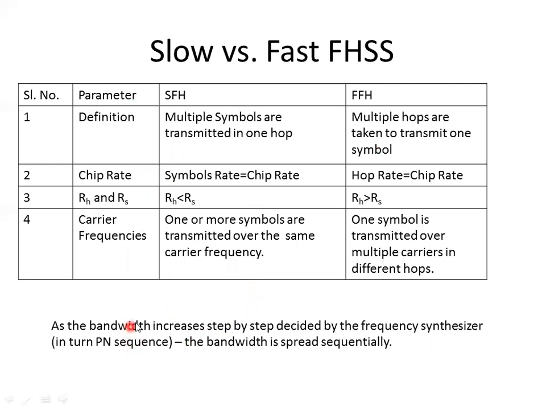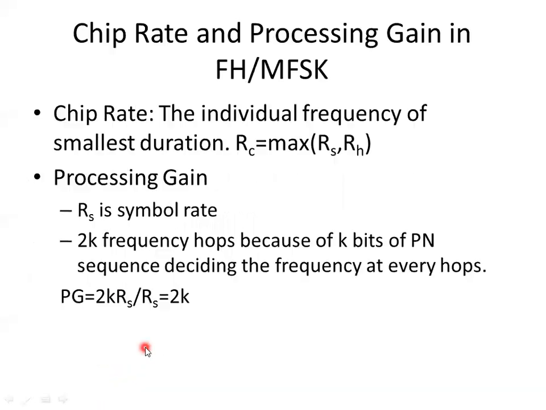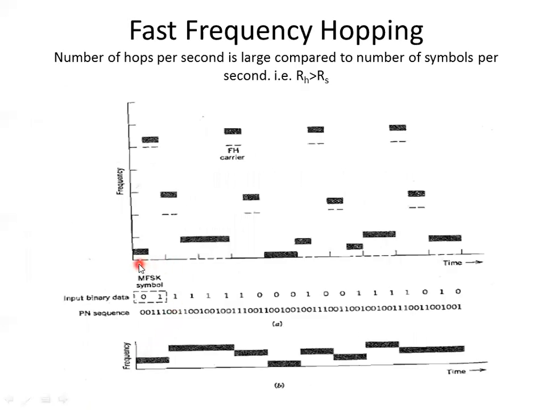Another important point to mention here: in case of direct sequence spread spectrum, we saw that the spectrum is spread at every time instant in the same way. That means it is instantaneous spreading. But in this case, as we saw here, in this time interval it has occupied this frequency band.